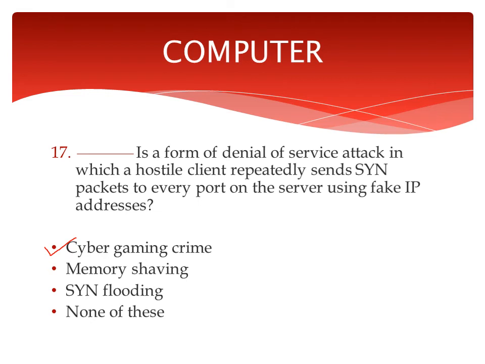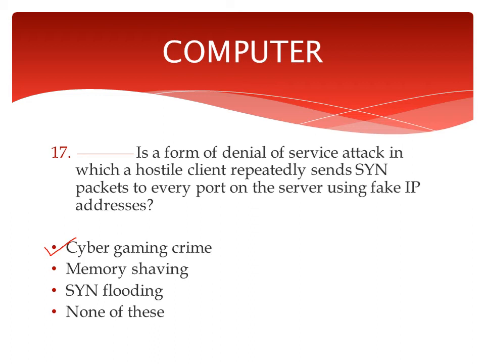17th question: which is a form of denial of service attack in which a hostile client rapidly sends SYN packets to every port on the server using fake IP addresses? First, cyber gaming crime; second, memory saving; third, SYN flooding; fourth, none of these.